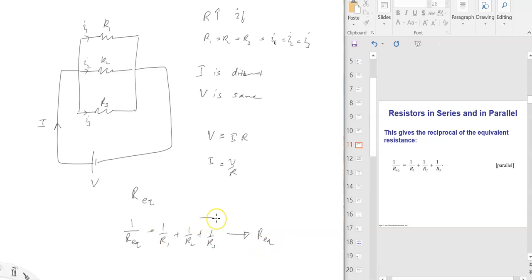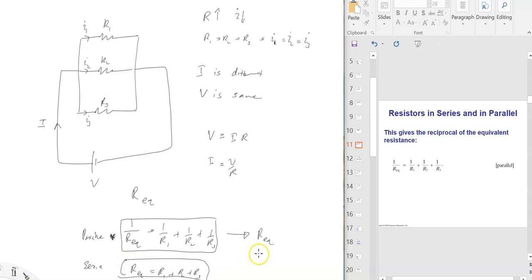Okay, so for parallel, this is what we use. So again, all that information is good, but ultimately what you need is these two equations. So for parallel, the equation. For series, you just add all of them, R1 plus R2 plus R3. And if there's more resistors, you keep adding them. Alright?